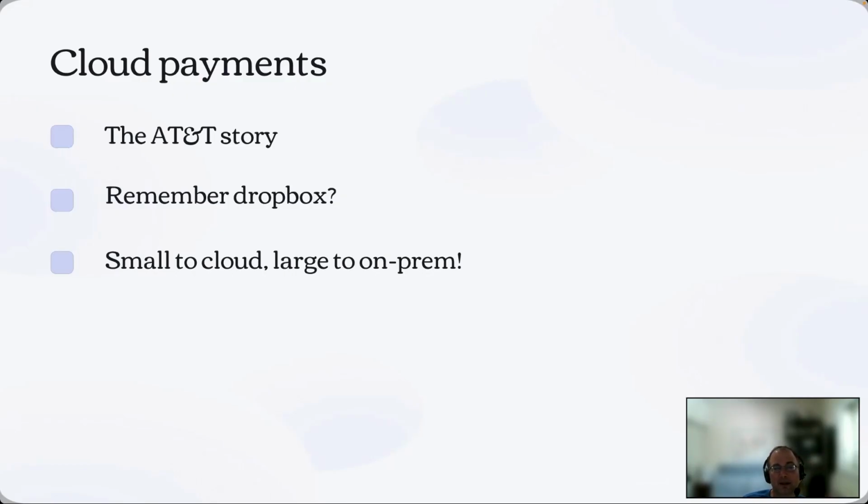I hope you remember Dropbox, the cloud storage company, which started working on Amazon and hosted all of the files there. I think it was 2015 when they did what's called repatriation and moved back on-prem again due to high cost.